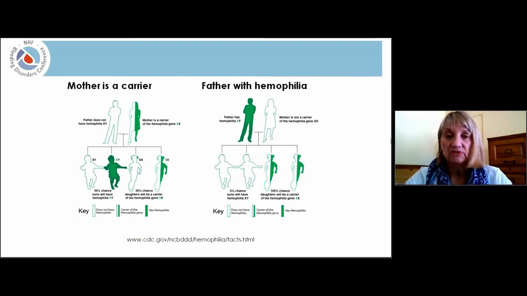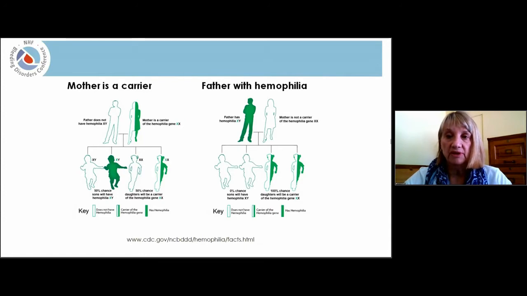The same is true for girls. If mom donates her X that has the defect on it, that daughter will in turn be a carrier, just like mom. If the daughter gets an X that is not affected, then she will not be a carrier and will not pass hemophilia on to her offspring.